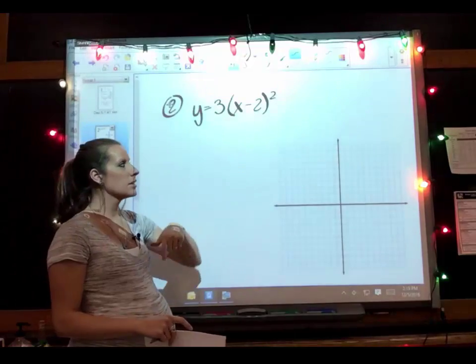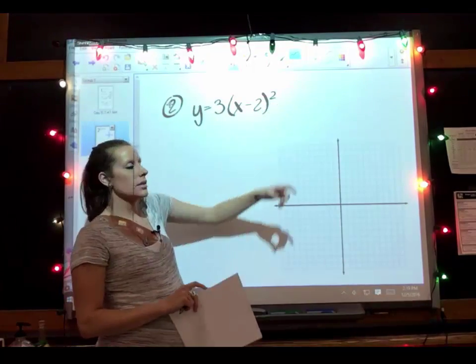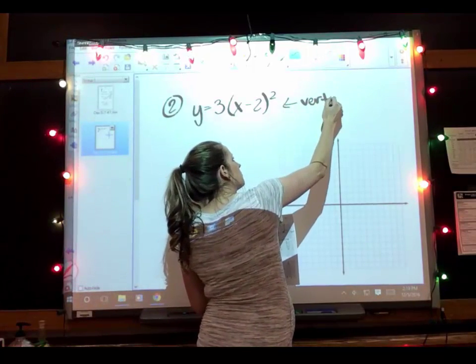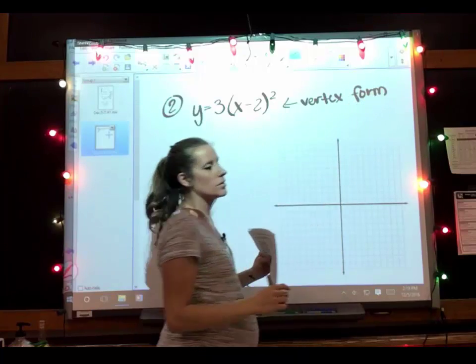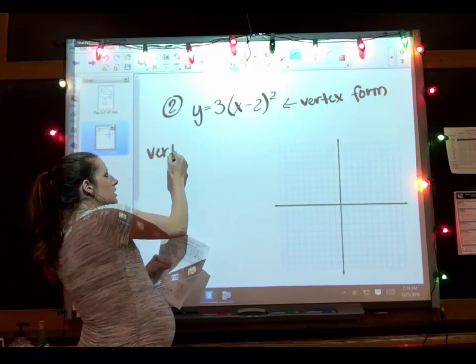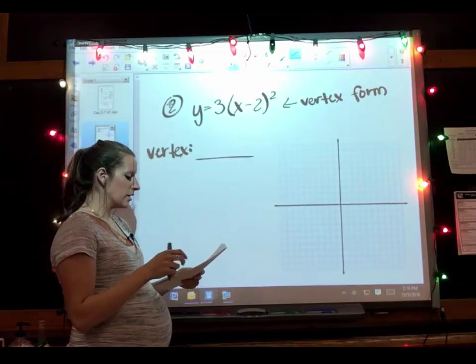You know it's not root because it has a squared. This is actually vertex form, which I like, because once you have the vertex, you can figure out a lot of that information that we're analyzing here.